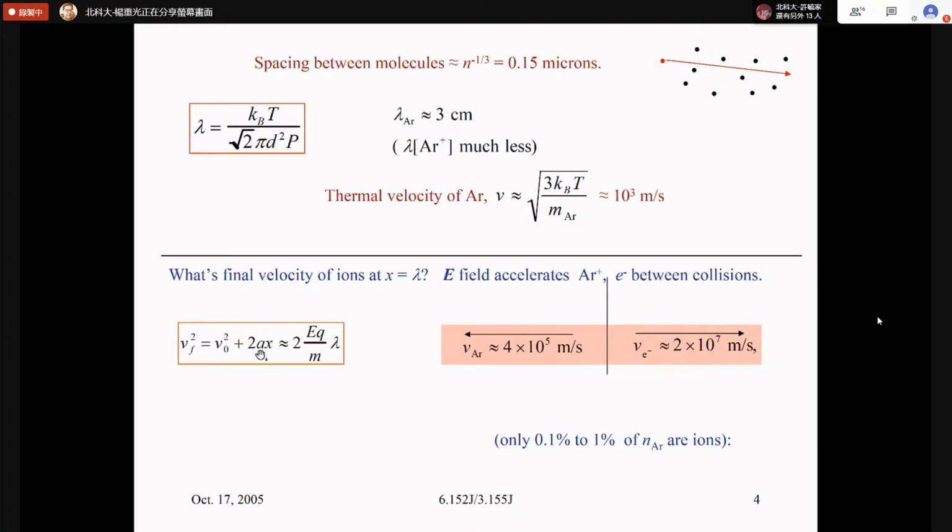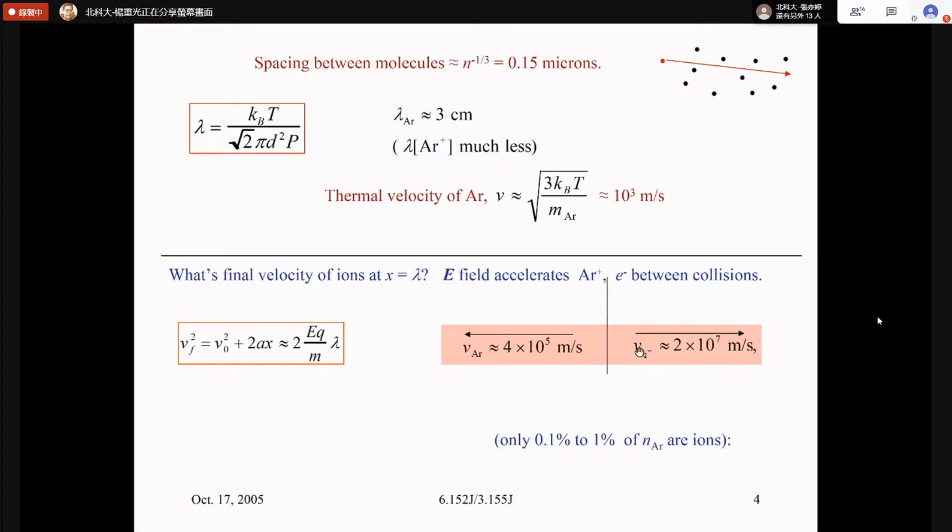The acceleration times the distance of the acceleration, so we have this, which is proportional to e times Q divided by M times lambda. So the argon has a velocity of 4 times 10 to the power of 5. The electrons have a velocity even two orders larger, on the order of 10 to the 7.